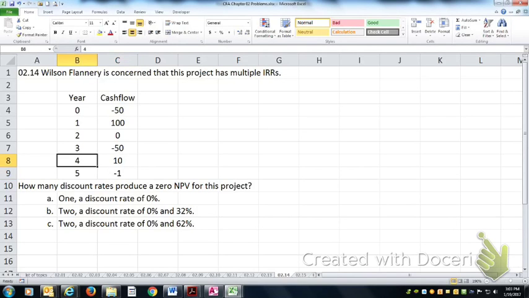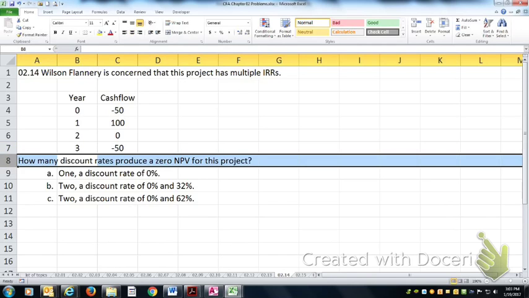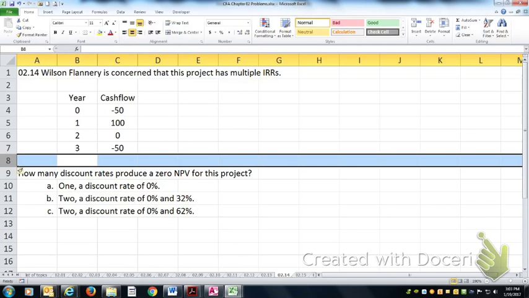So every time that happens, there's a potential that you will get yet another IRR. Now, the good news is it almost never happens, and you've got to really work at it to find multiple IRRs. But when you do have non-normal cash flows, it happens.